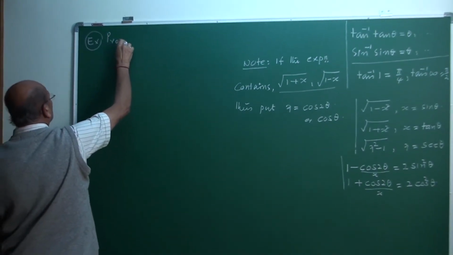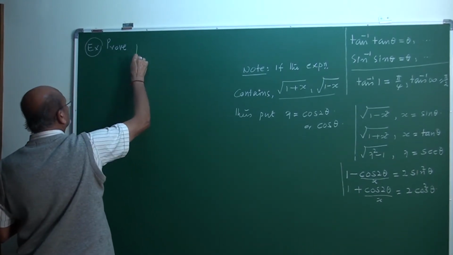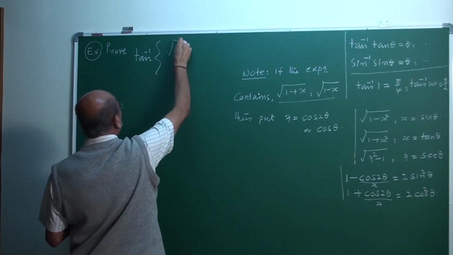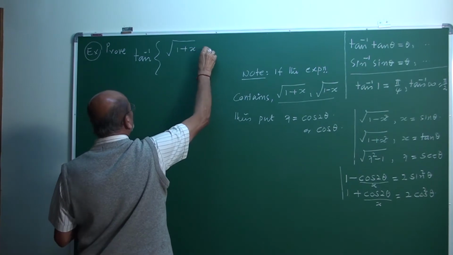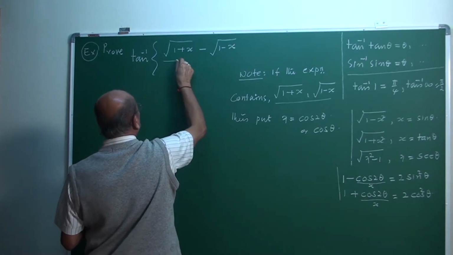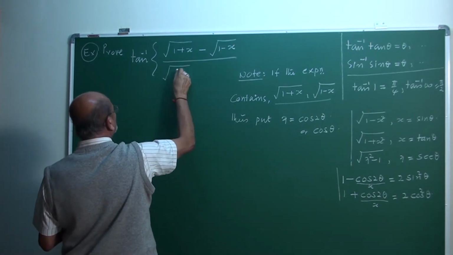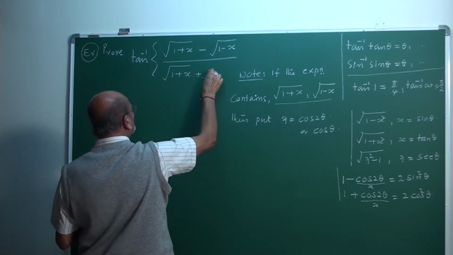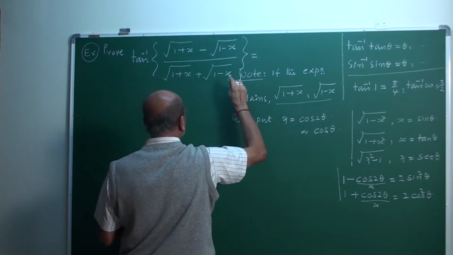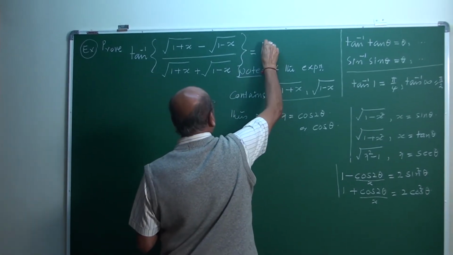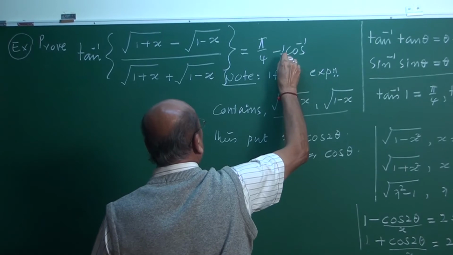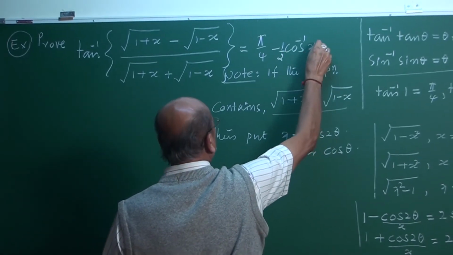Prove tan inverse of root 1 plus x minus root 1 minus x, down is root 1 plus x plus root 1 minus x, equal to pi by 4 minus 1 by 2 cos inverse x.